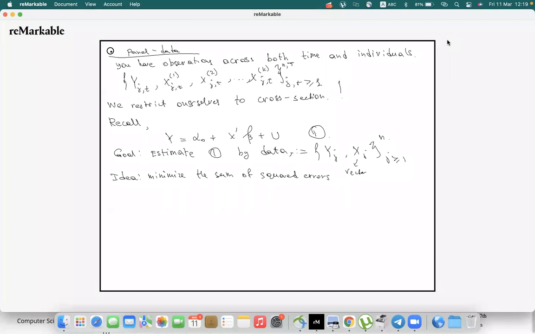So what you can do is basically write like this. And then the sum of squares is basically like this.